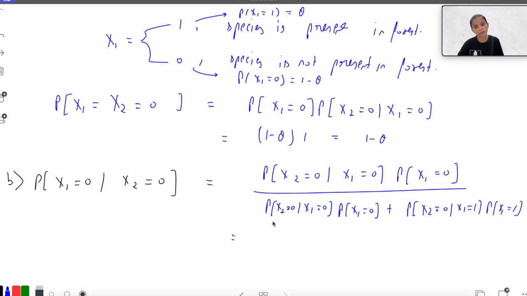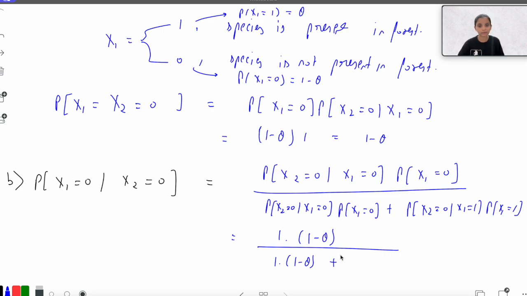Now just put down the probabilities. This is 1. Probability of x1 equal to 0 is 1 minus theta. Plus probability of x2 is equal to 0 given x1 is equal to 1. That is theta, right?